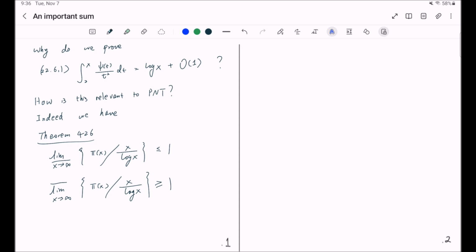Unfortunately, no. We still need to show that the limit exists. As long as the limit of this ratio exists, it must be equal to 1. And that finishes the proof of the prime number theorem.